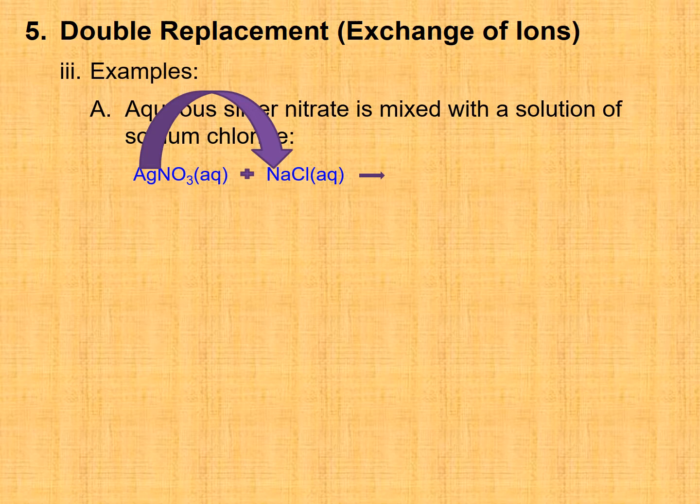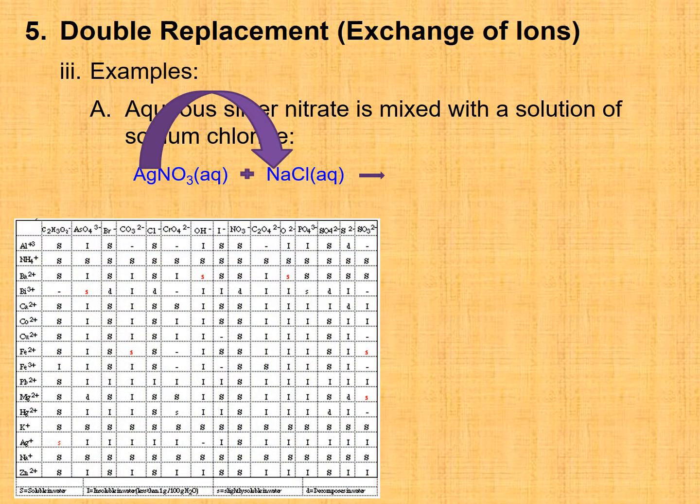So we can take a look at the potential products and see whether these potential products meet one of these three criteria. That is, do they form a gas, do they form water, or an insoluble solid precipitate? Let's take a look at our solubility chart to give us a clue. One of the products would be silver chloride, the other product would be sodium nitrate.